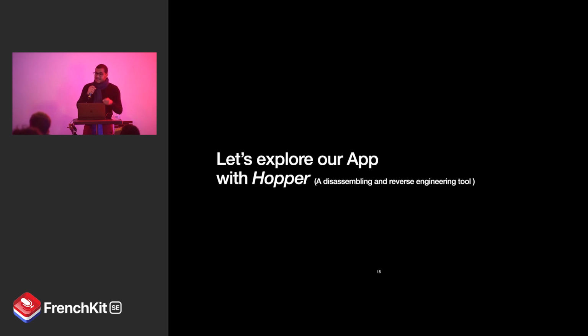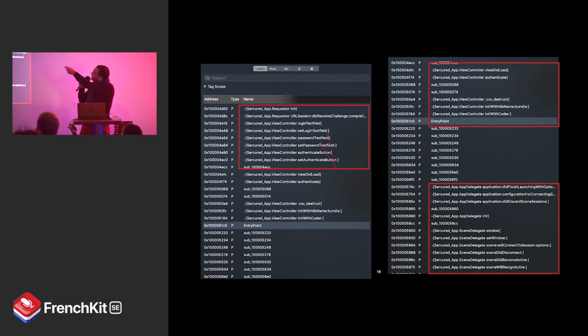Now we can take a look at our sign-in page with Hopper. Hopper is a disassembling tool, and this one will allow us to read the assembly code. In the red rectangle, we can notice that we have some APIs in clear, such as symbols, names of variables, APIs on the top right, and on the bottom right, we have some lifecycle of our app delegate.